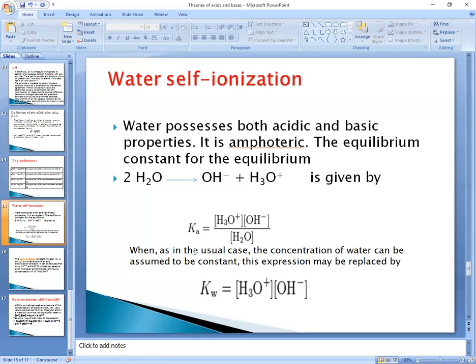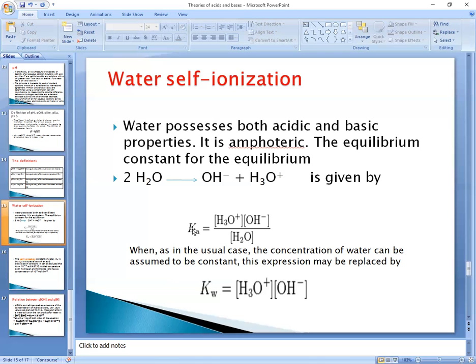As is the usual case, the concentration of water can be assumed to be constant. If we consider it constant, the water concentration here is taken as constant, equivalent to H2O.